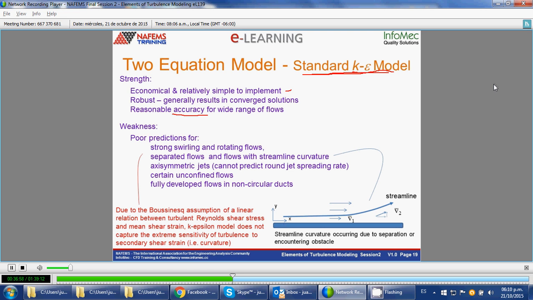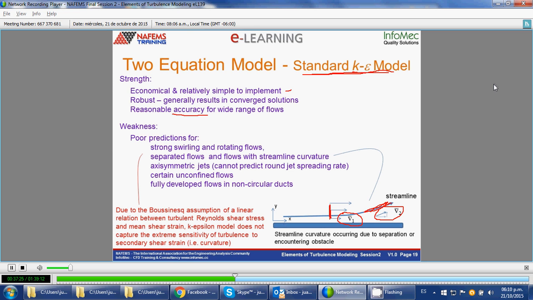Near the wall, you may have the velocity gradient in only one direction, but as the streamline has curvature, with flow over curved surfaces or where you have separations, then you need to deal with other components as well. It's not only one component that you have to deal with. You have to deal with those two components.